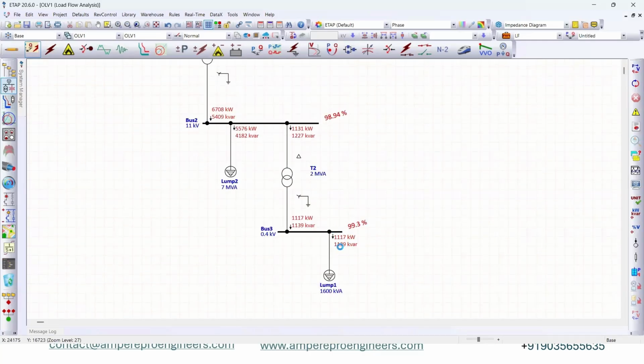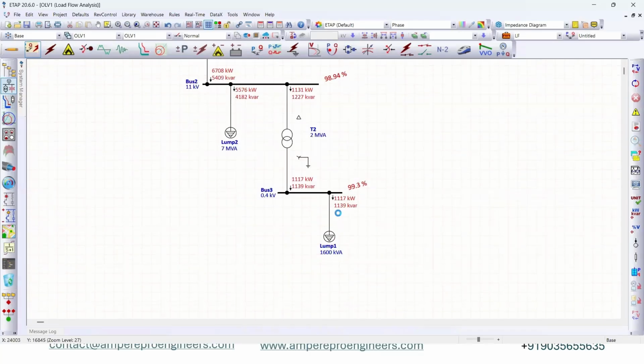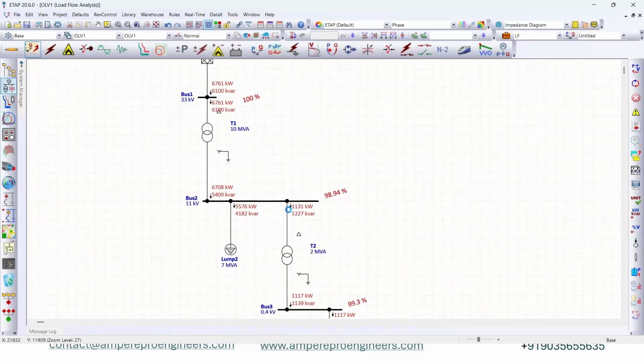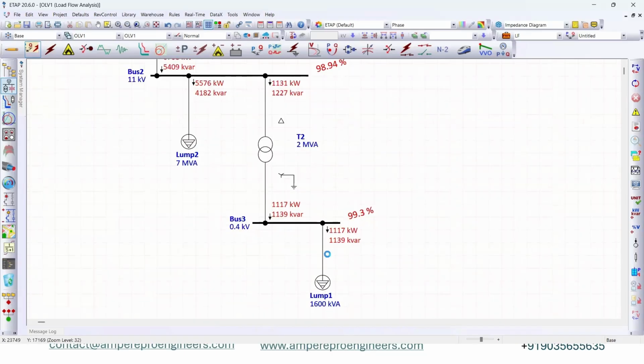Now what you will have to understand from here is that a lot of reactive power we are drawing here. So let's try to understand. Here 1139 kVA, and that's the same. Now you see that after 1139, suddenly the total active power required is 1,117.